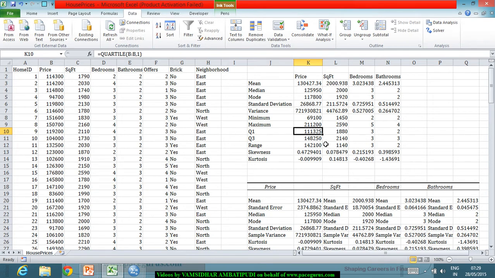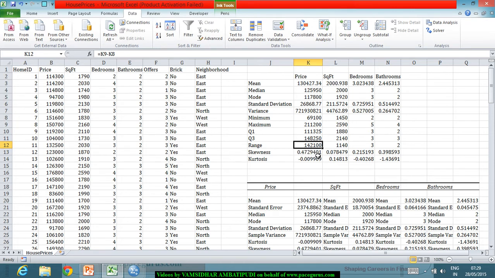So 25% of the houses are sold for less than 111,000 and 25% are sold for more than 148,000. The difference between the minimum and the maximum values is around 142,000. All these things can come out with a typical summary.